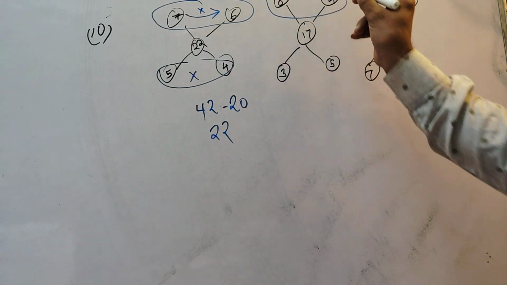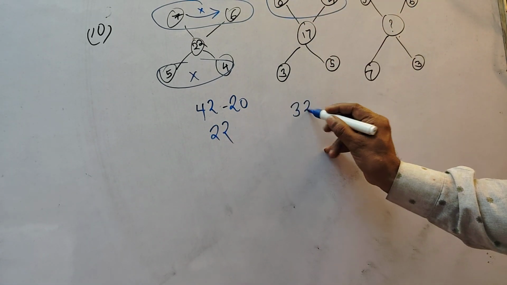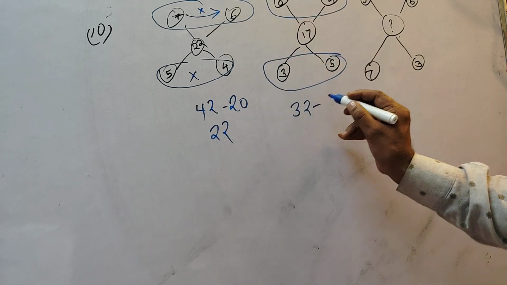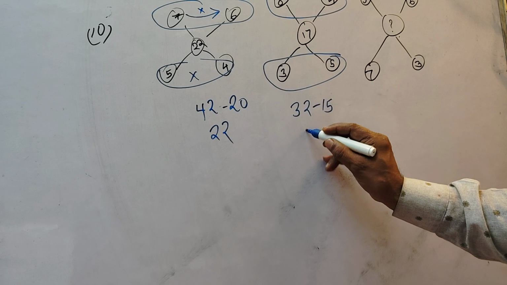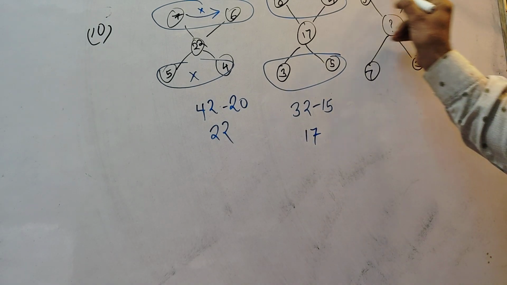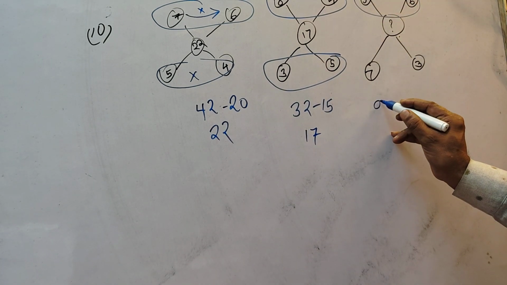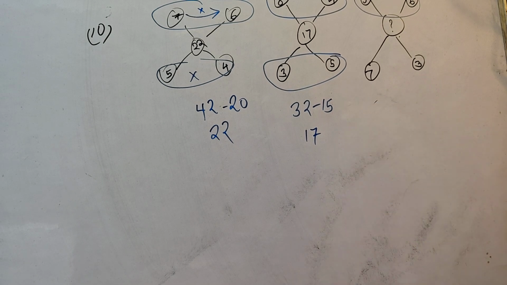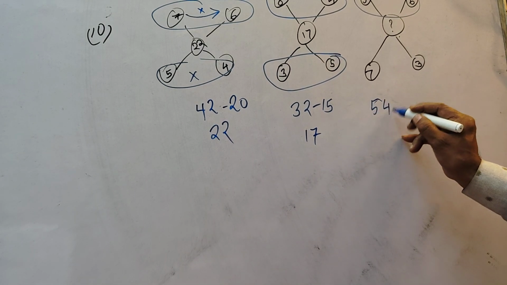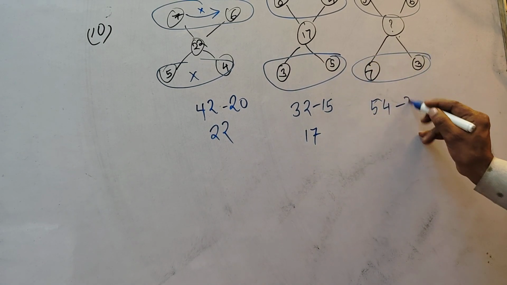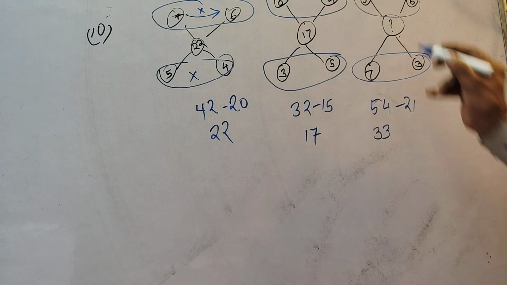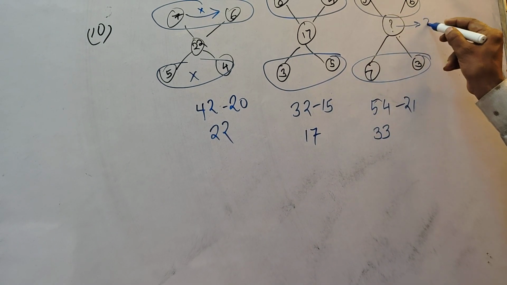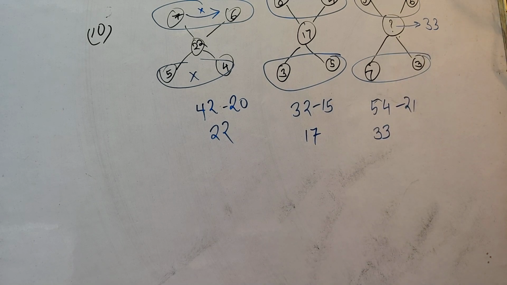Now in the second one, 8 times 4 is 32 and the bottom one is 3 times 5, 15. Subtraction is 17. In the same pattern, in the top, 9 times 6 is 54, minus 7 times 3 is 21, gives us 33. So in the center we can say the answer is 33. Clear?